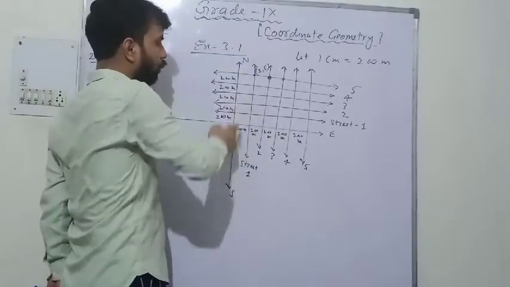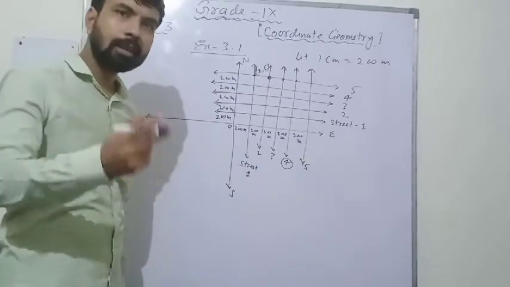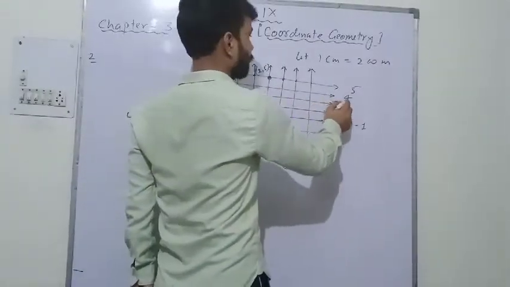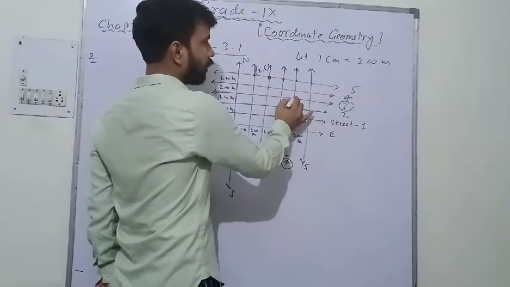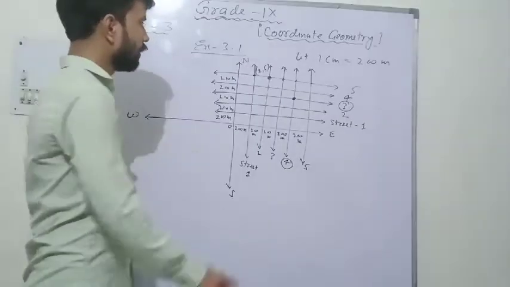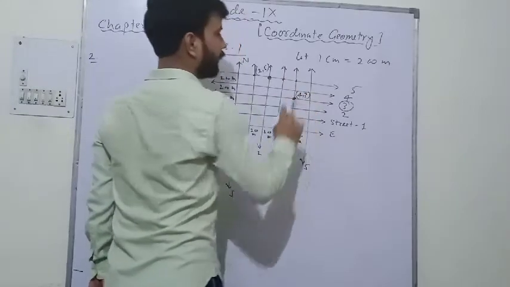The fourth street along the north-south direction is this. And for 4, 3, the third street along the east-west direction is this. Their intersection point is this, so its coordinate will be 4, 3.